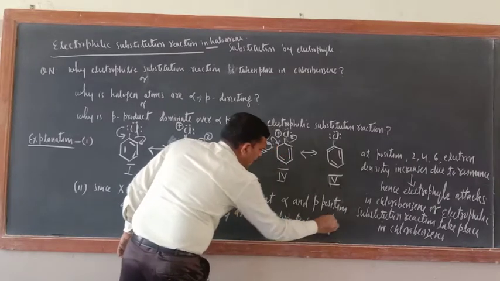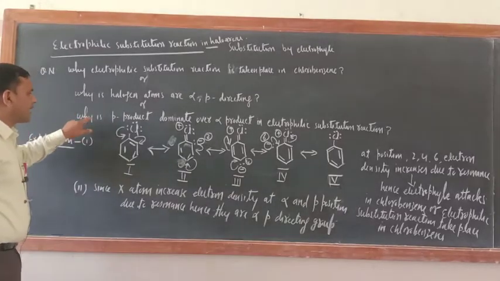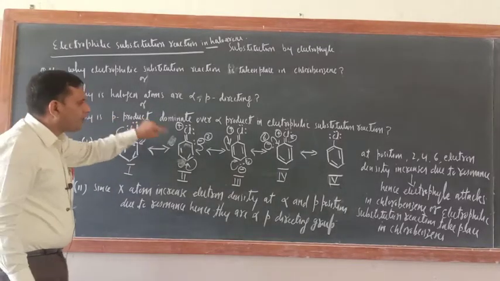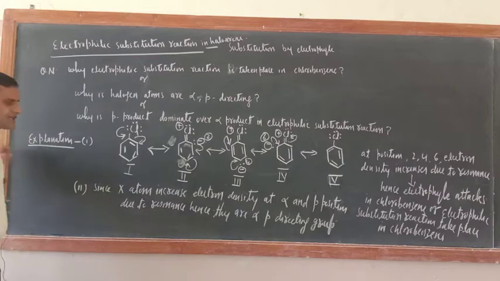Okay, next question is, why does the para product dominate over the ortho product in electrophilic substitution reaction?